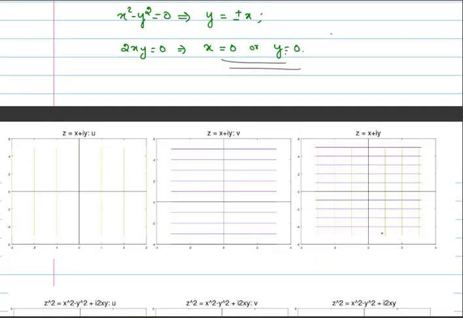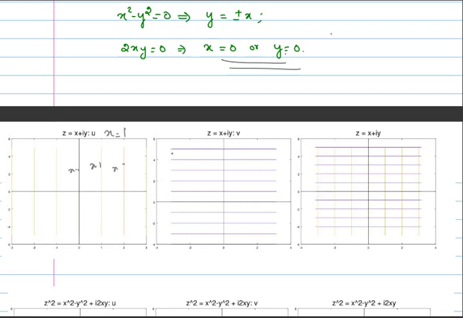So this is the first function, z equal to x plus iy, u equal to x. Okay, so if you put u equal to 1 or 2, you will get x equal to 1, so this line will come, x equal to 2 means this line will come, x equal to 0 means the y axis will come.